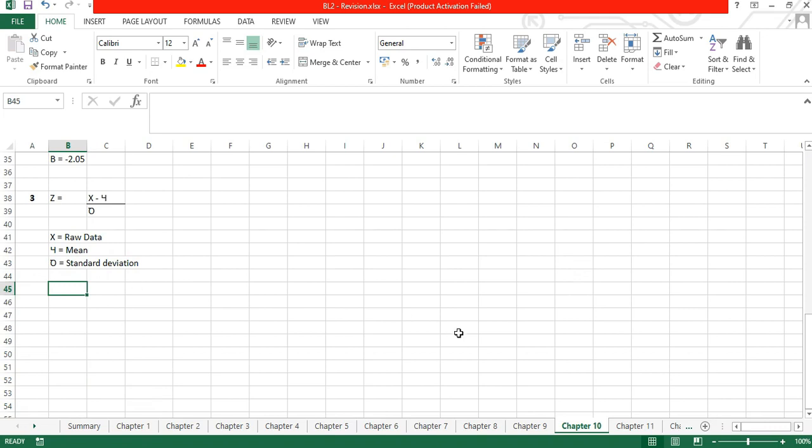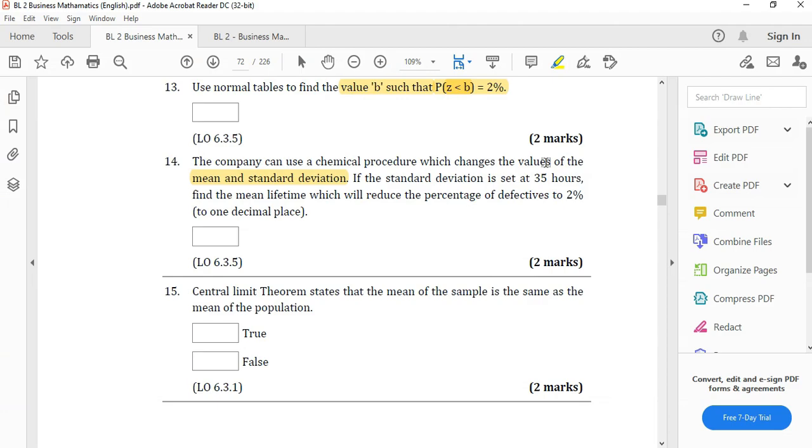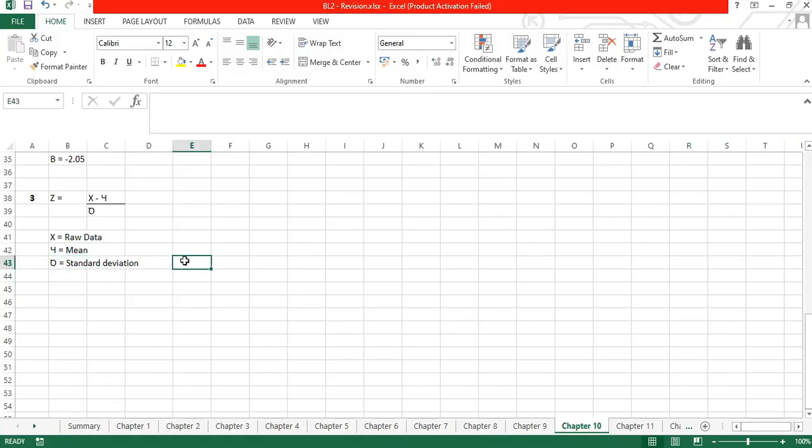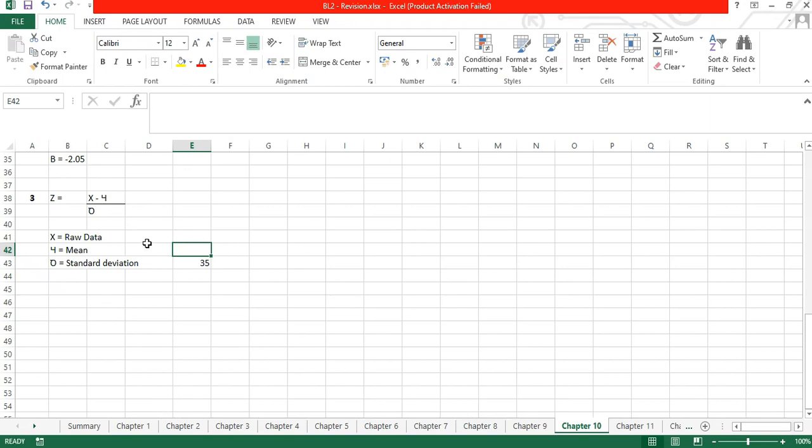So what they are saying here is the standard deviation is 35 hours. So this is 35 hours. The mean is what we have to find. Percentage of defectiveness 2% is the frequency distribution.